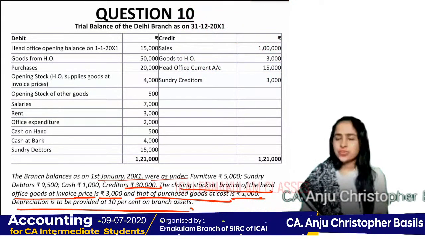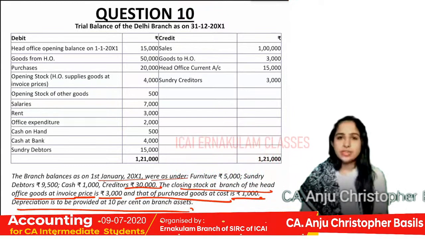Everybody, there's the answer outline, just three columns on each side for both the accounts.